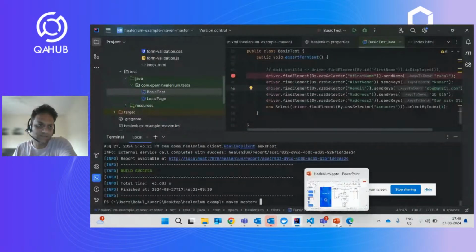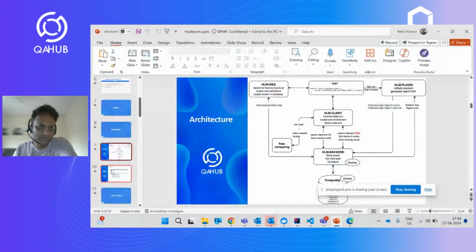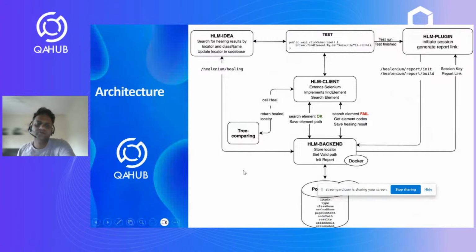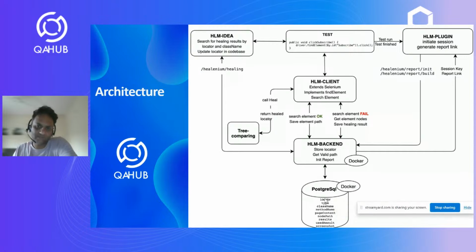Now let's go a little deeper to understand the architecture, for whoever wants to understand or know. So this diagram shows us there is a PostgreSQL which is in Docker, which I showed you just now. It will store different things like locators, type, class name, method name, all those things will be stored there. And there's a Healenium backend, which will do the different API calls which need to be done.